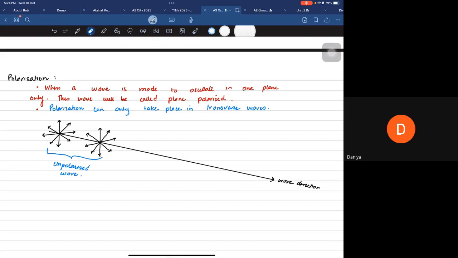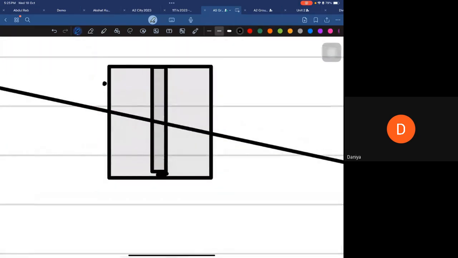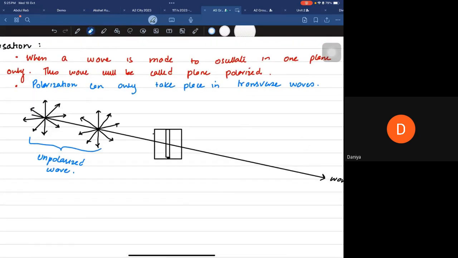Now, what we do is we let them pass through a polarizing filter. Now, this filter basically is sort of like that, which means it will only allow waves to pass through this vertical plane only.